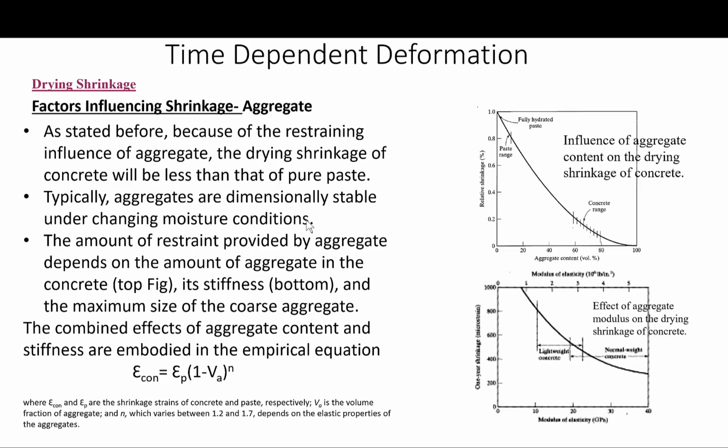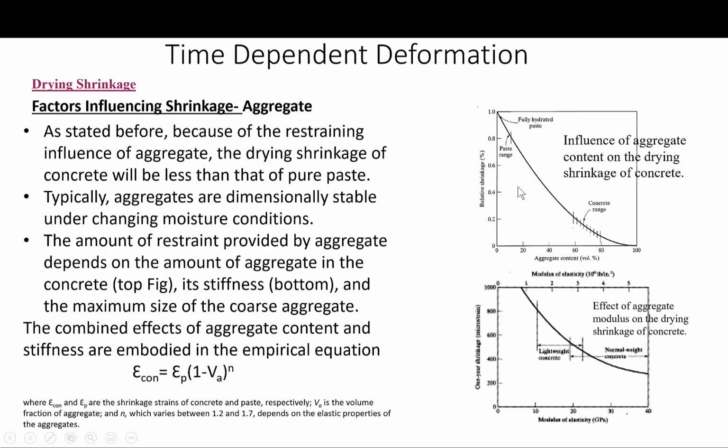With rare exceptions, aggregates are dimensionally stable under changing moisture conditions, as we have established during the talk about the aggregates. Okay, so the amount of restraint provided by the aggregates depends on the amount of aggregates in the concrete.